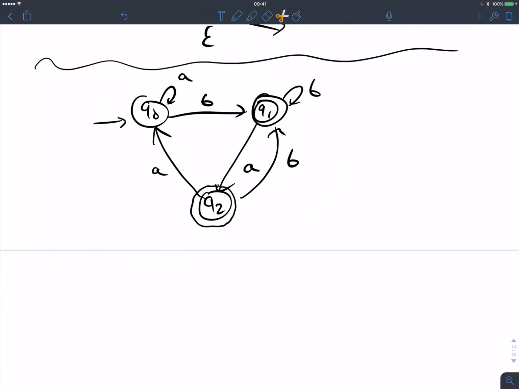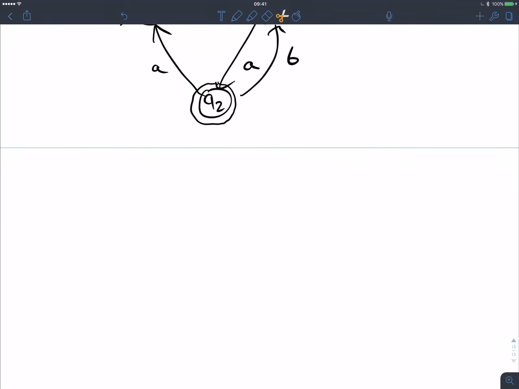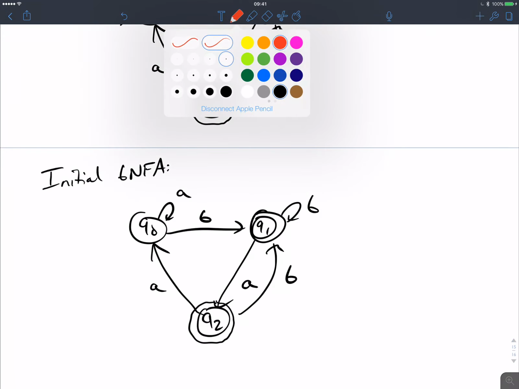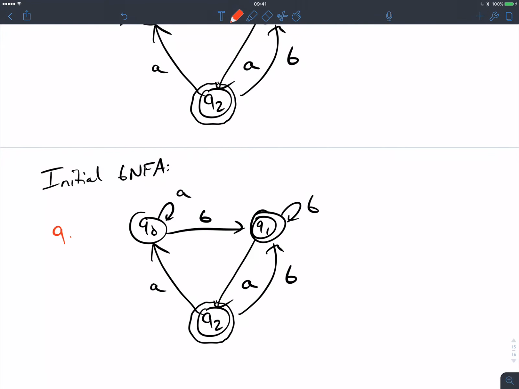Yeah, so I need to make an initial GNFA. And the suggestion was, let's make a brand new start state. I'm going to call it QS. And how can QS be hooked up? Epsilon transition in.